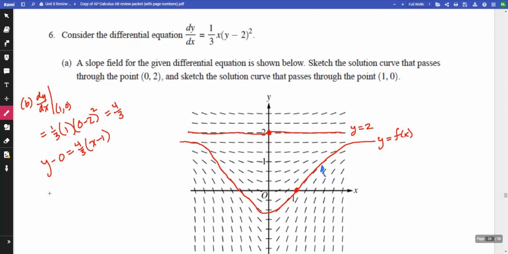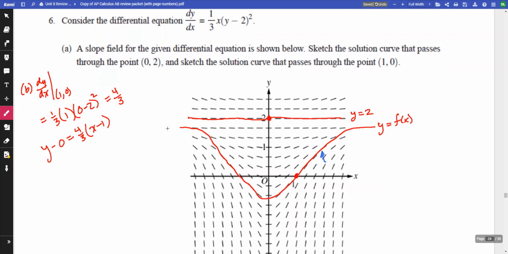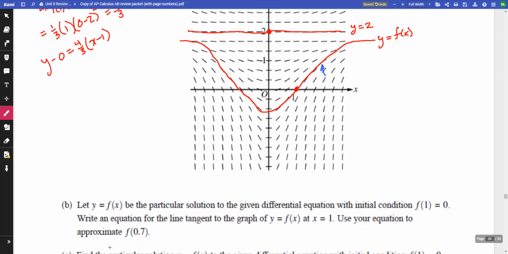So y minus 0 equals 4/3 times (x minus 1) is going to be my tangent line. If I want to approximate f of 0.7, then y is approximately equal to 4/3 times (0.7 minus 1), and moving the 0 to the other side, we have plus 0.